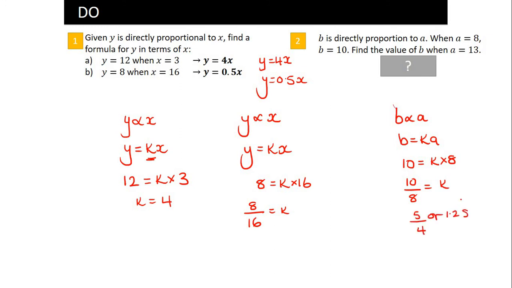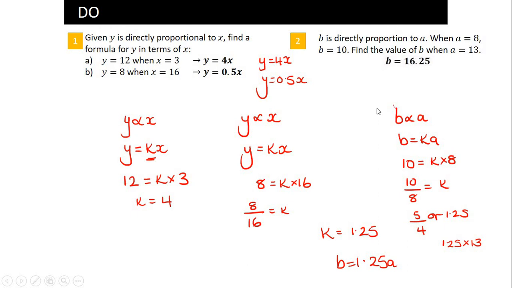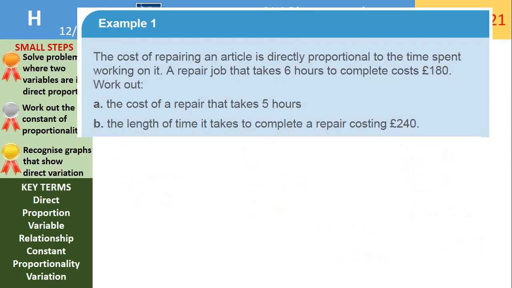Or 1.25. So k equals 1.25. So b equals 1.25a. And then it says find the value of b when a equals 13. So you need to do 1.25 multiplied by 13 to get that b is equal to 16.25.